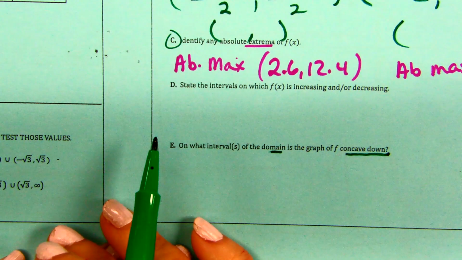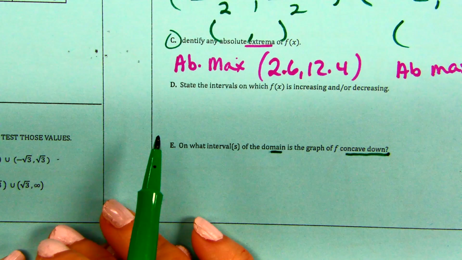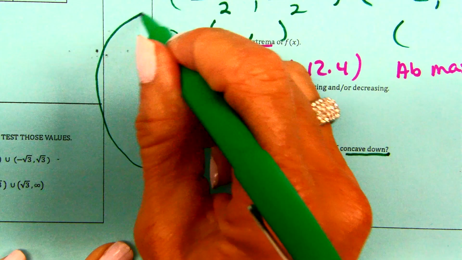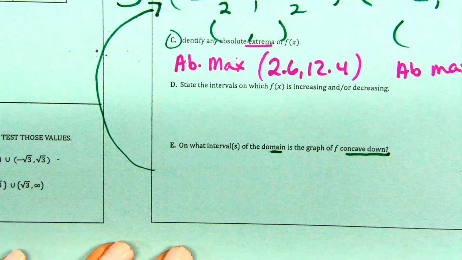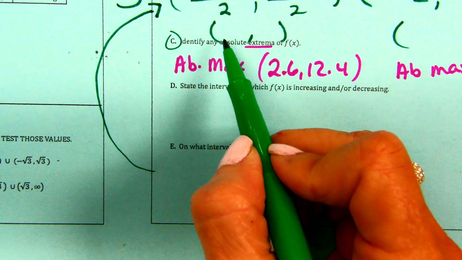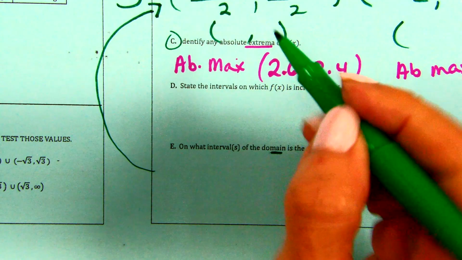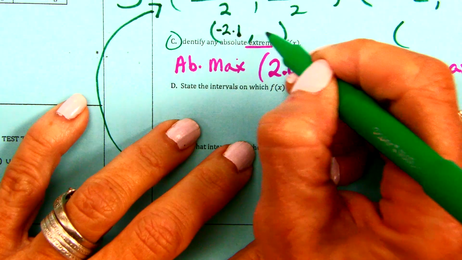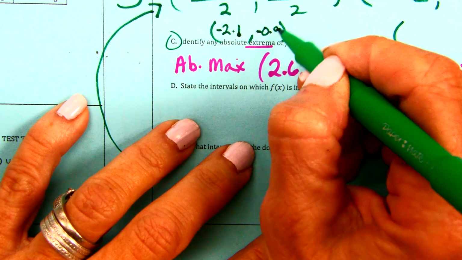Let's pretend it's this question that we're talking about right here. Well, it's going to be very clear if you got B right, because remember, your ordered pair here is that point where concavity changes. So the answer here was -2.1 to -0.9.